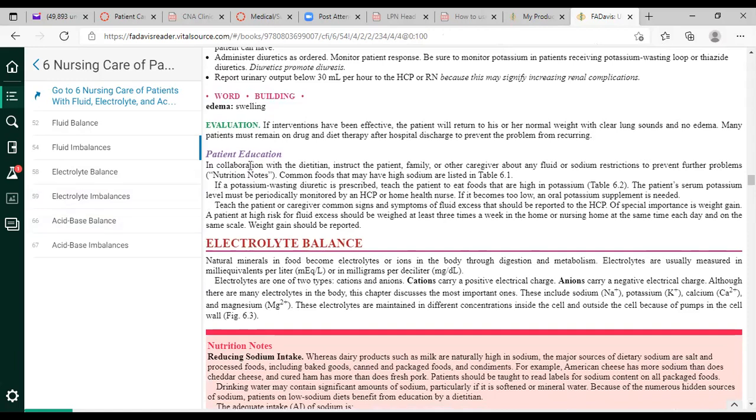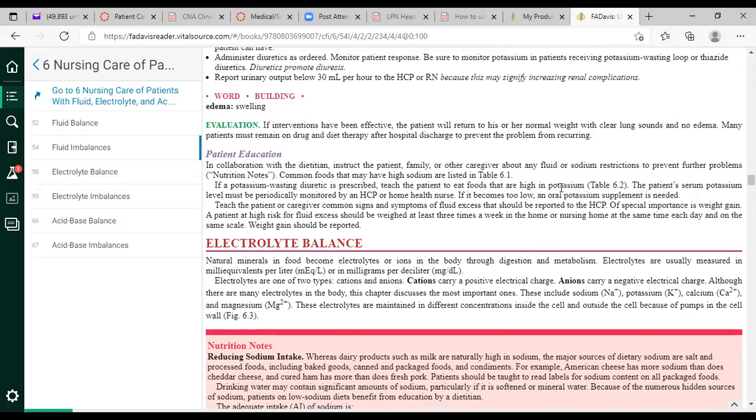It tells you right here under patient education, because it's also important, if patients are being discharged on a diuretic, to make sure that they are educated. If a potassium-wasting diuretic is prescribed, teach the patient to eat foods that are high in potassium. So if your patient is on Lasix, we know that Lasix will cause potassium loss.